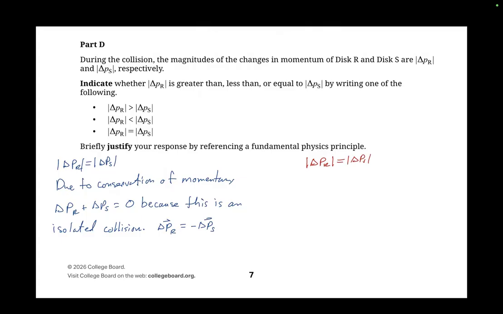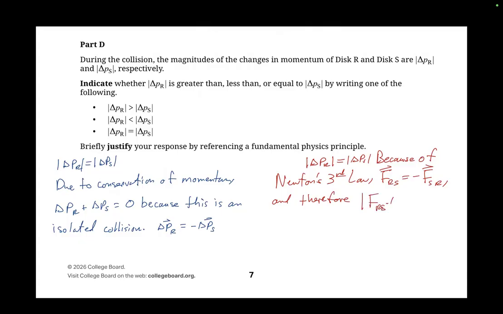Another way to justify this, I think you could argue using Newton's third law. So because of Newton's third law, the force of R on S is equal to the negative of the force of S on R. And therefore the magnitude of the force times the time should be equal for both, since they have the same amount of time in contact with each other.